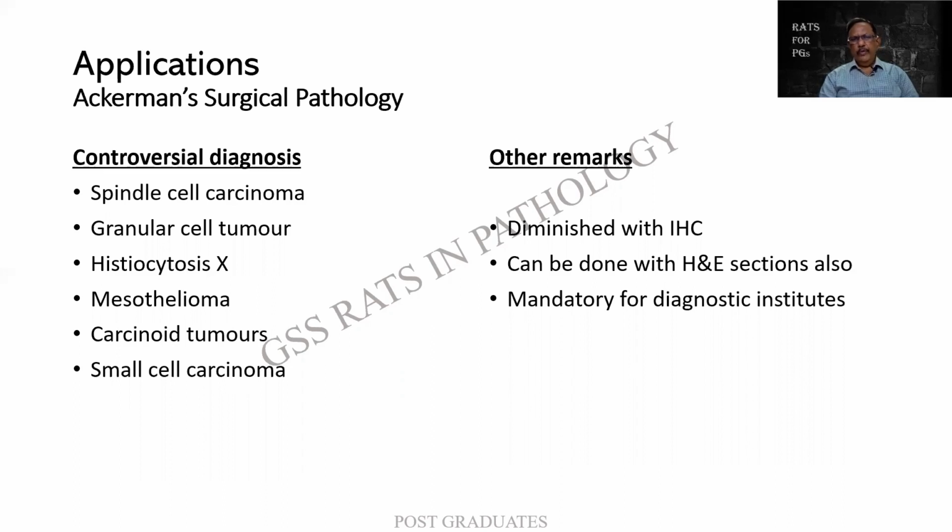These are a few examples that he has given. And other remarks also he has added. The use of the electron microscope itself is diminished with the advent of immunohistochemistry.